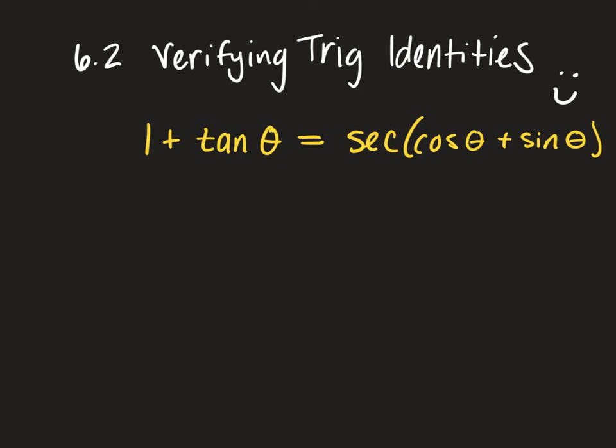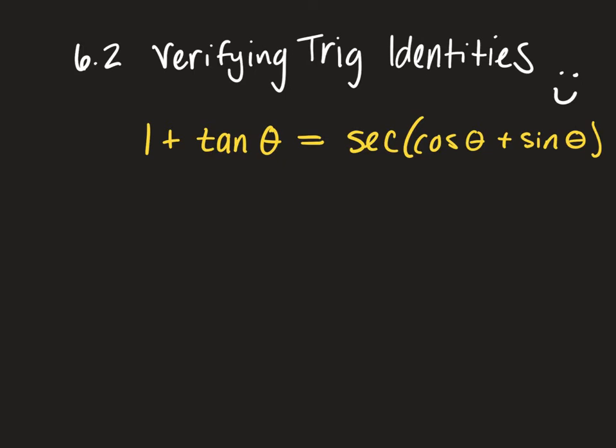So this time we're going to work with the right side because it's got more stuff to it. And we want to make it look like 1 plus tangent theta. So this is not like the homework where we were trying to just use sine and cosine. We just want to do whatever we need to make it match that other side. So we've got more of an end goal in mind this time.